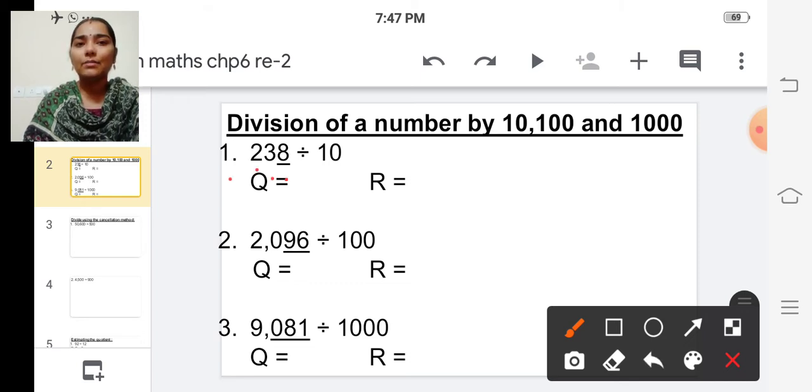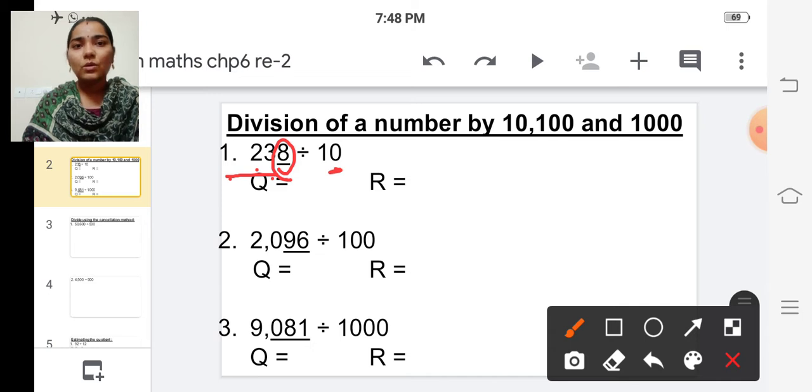238 divided by 10. So in 10, how many zeros are there? In 10, only one zero is there, isn't it? So the ones digit will be the remainder and the remaining digits will be the quotient.